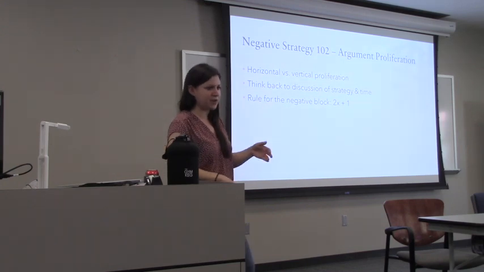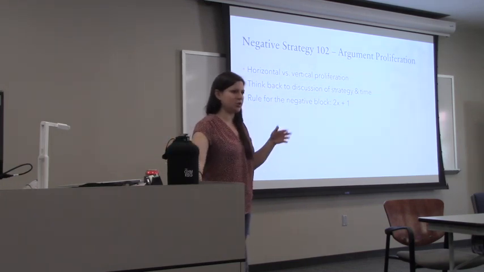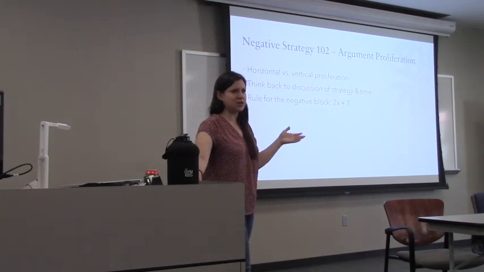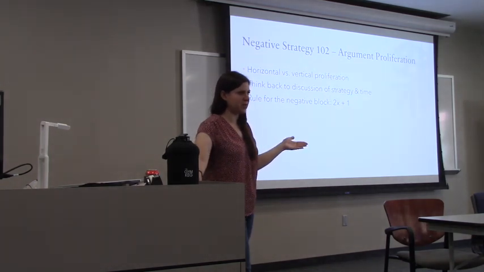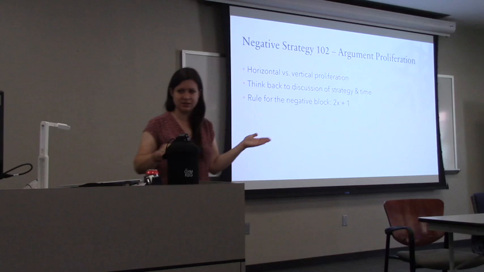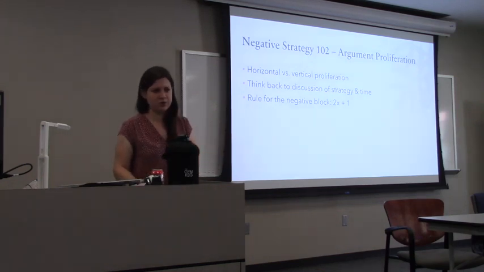So that is kind of what Teddy was talking about when he said the 2AC says non-unique. Vertical proliferation would be, I'm making 10 responses to that. Whereas horizontal proliferation would be, I'm extending 4 different off-case positions, which is probably too much for the reasons we've discussed, but that is horizontal proliferation.